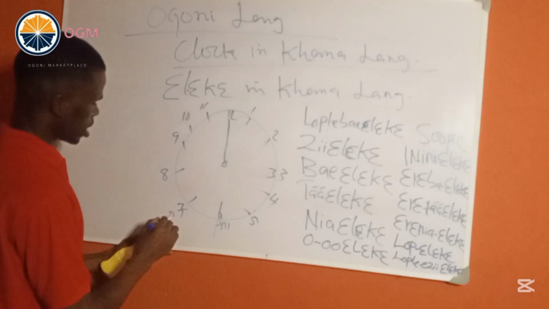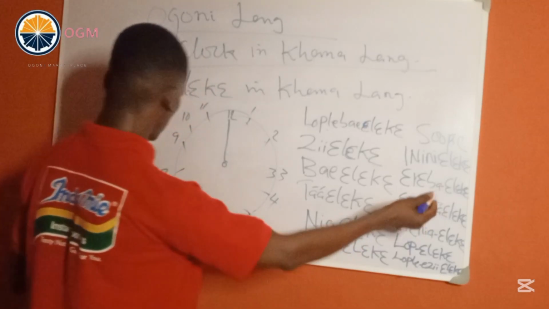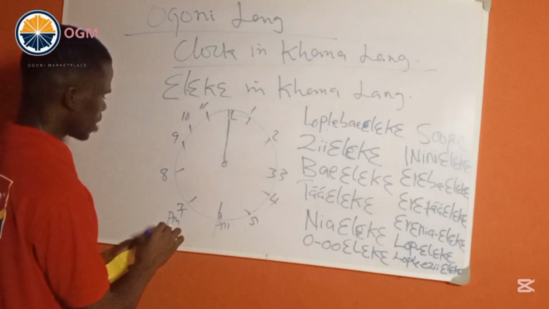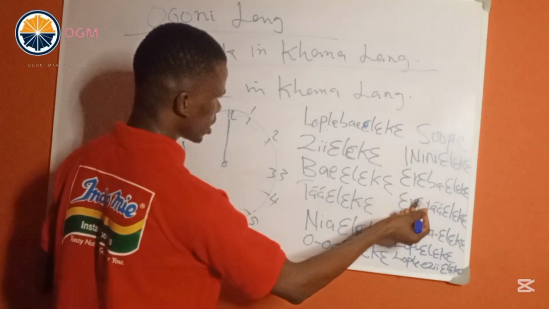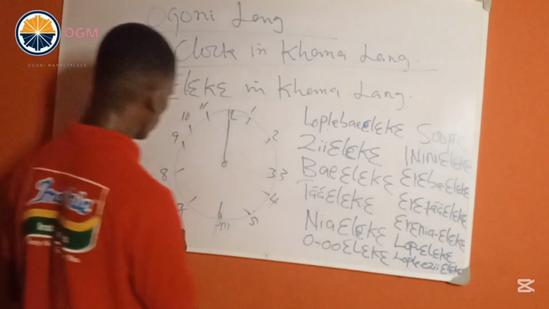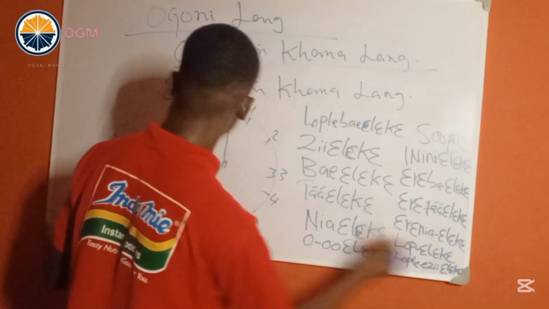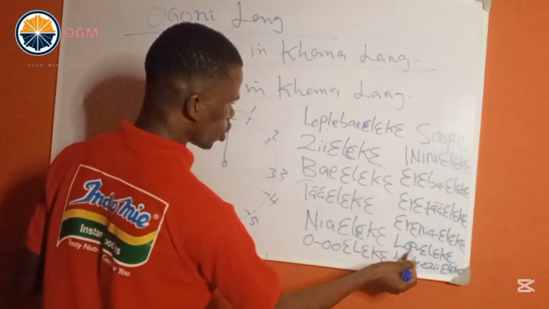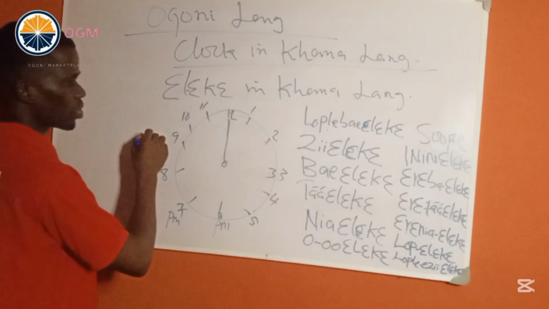So 7 p.m. is being translated to Erebaleke lo umne. Then here we have Eretaleke, which is 8 p.m. Then we have Erenia eleke, which is 9 p.m.